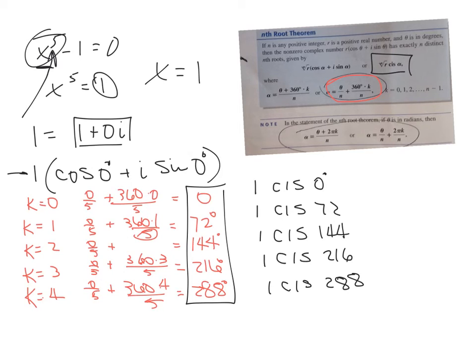And again, I can get rid of all my 1's here, and I end up with those for my answer. And if you spread those out, again, of course, you're going to get cosine 72 plus i sine 72. You're going to do that for each one of them if you wanted to expand that out.